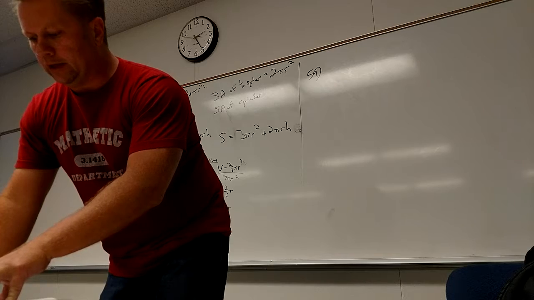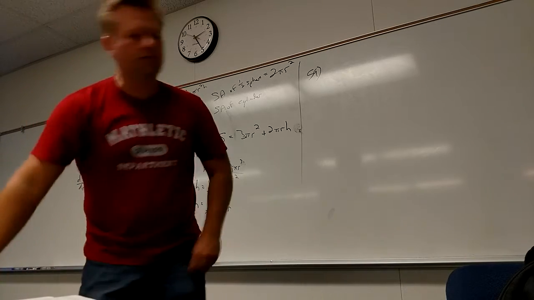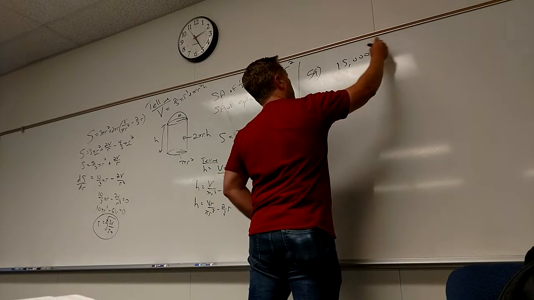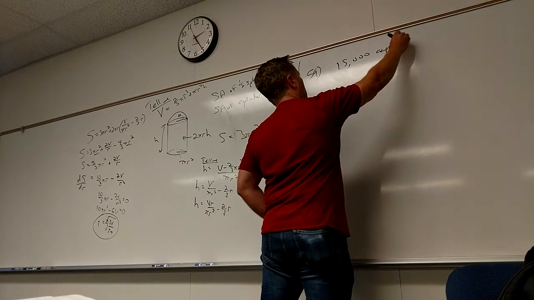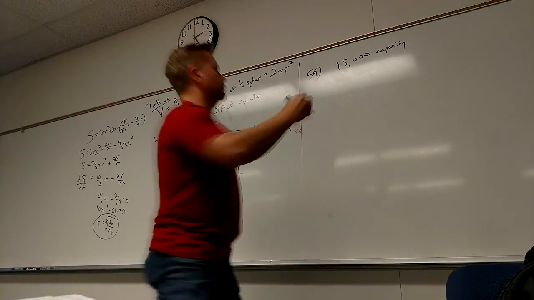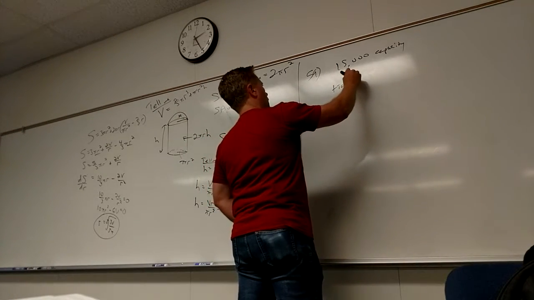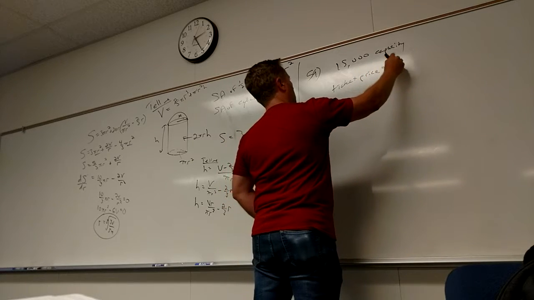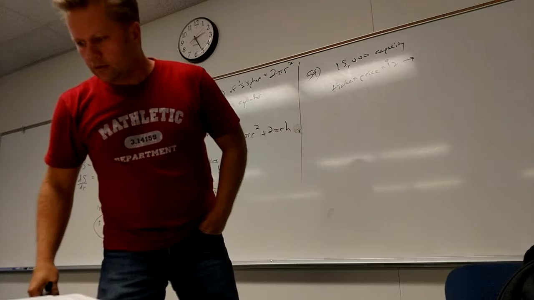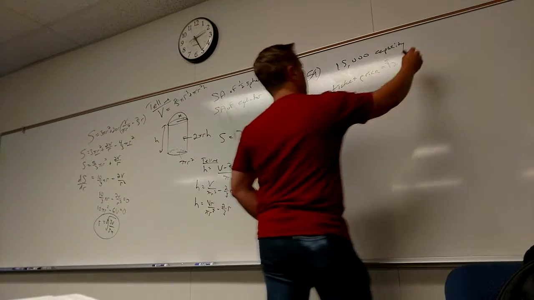A hockey team plays in an arena with a seating capacity of 15,000 spectators. With a ticket price set at $12, 11,000 people show up.